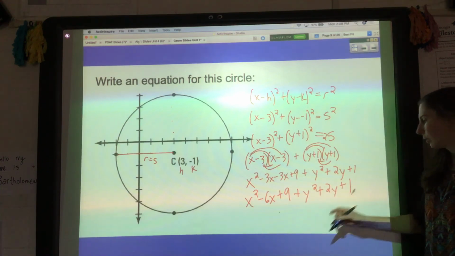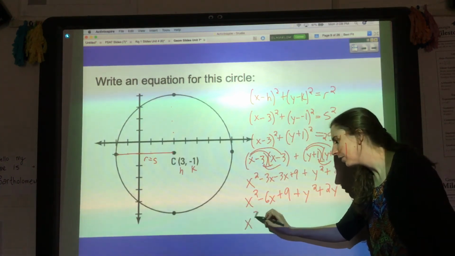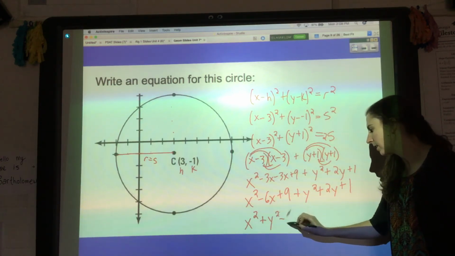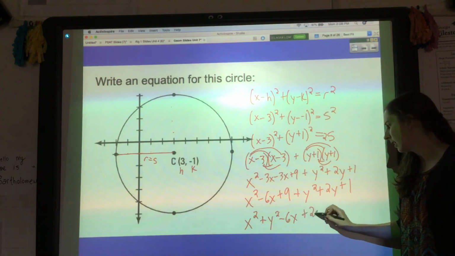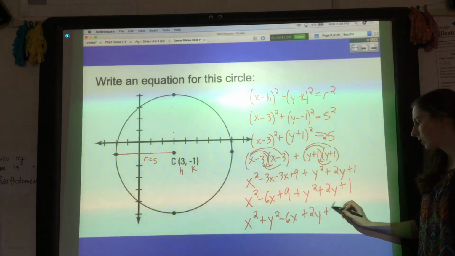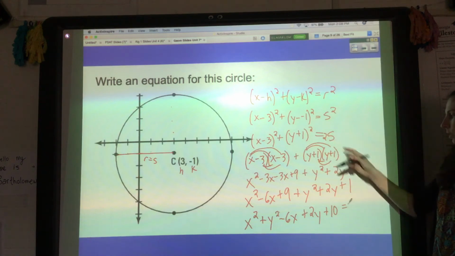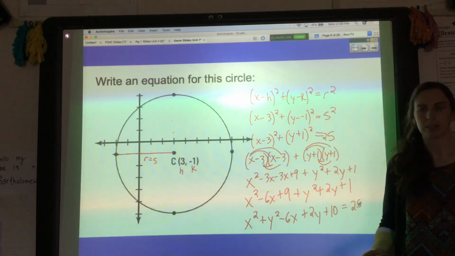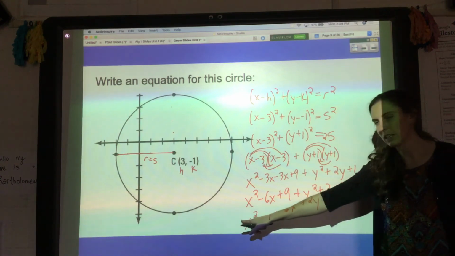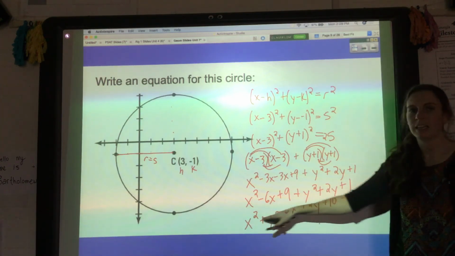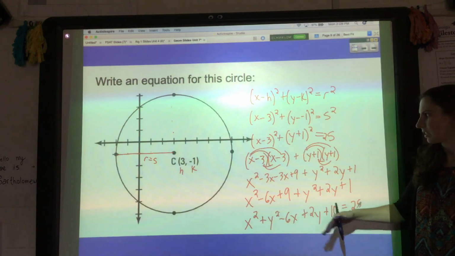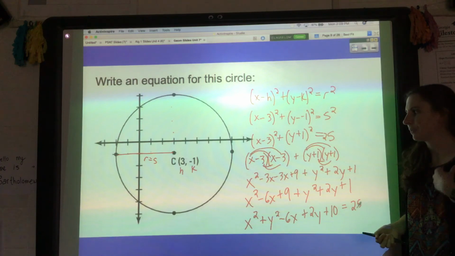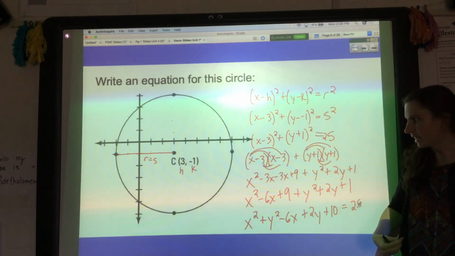The 9 and the 1 we could combine, so in fact we could even rearrange it and do x squared plus y squared minus 6x plus 2y plus 10 if I combine those constants, and it equals 25, which I might even move over to the other side to combine with that stuff. So it's possible to have this all multiplied out, and in which case you'd want to go backwards and get it to look like this so you know where the center is. But we're not going to talk about that in this video.